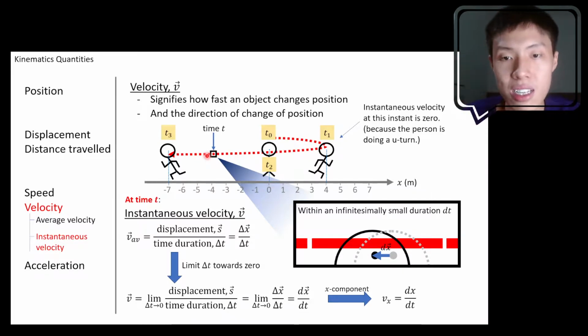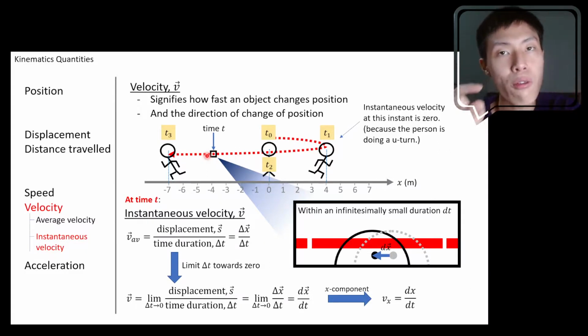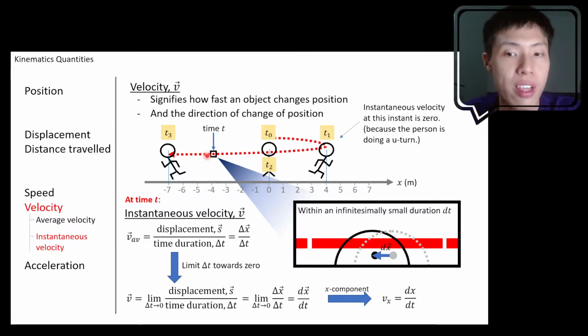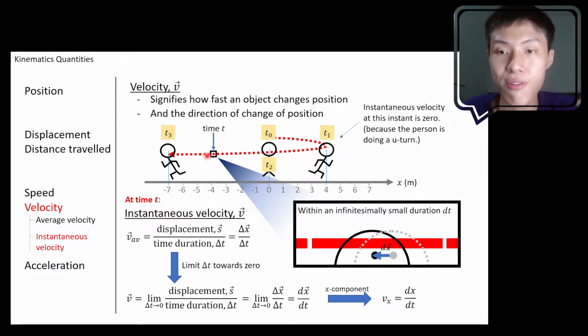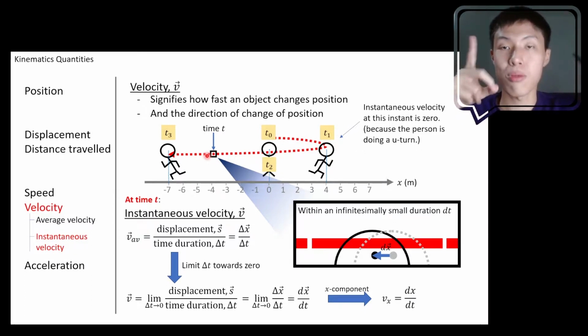But instantaneous velocity only focuses on a specific moment of time, so you need to know exactly what happened within that specific moment. That's the difference between instantaneous and average. For average, you know the start and end, and you don't need to know everything in between, but it can be valid for a time duration.